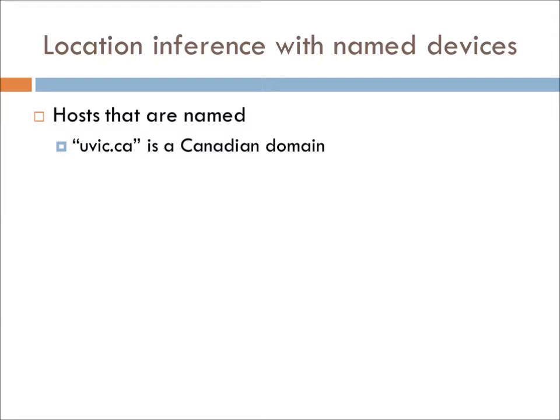So in this case, uvic.ca, we can reasonably assume that any traffic that is coming to or from any device on that network is coming from Canada, because the .ca top-level domain is a Canadian country code. So simply by looking at a domain name, we can figure out what country that network device is in. There's no guarantee of presence, however.